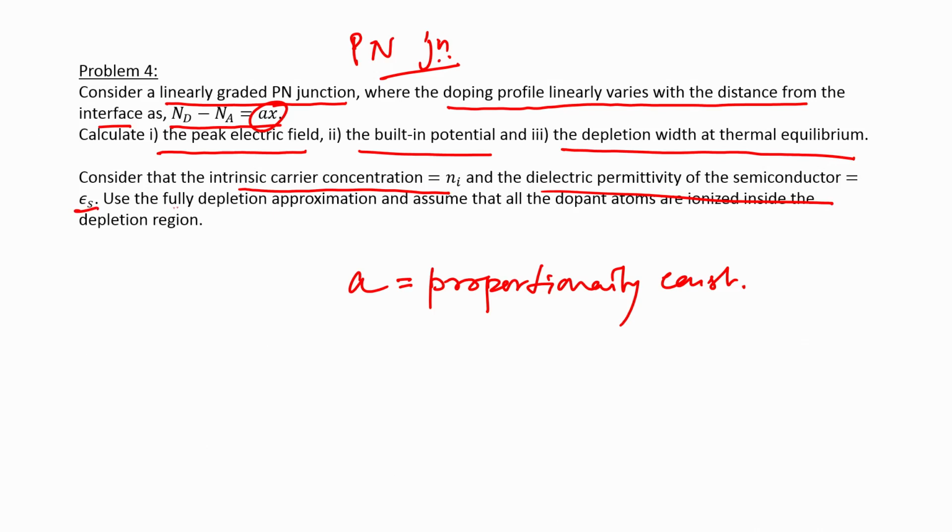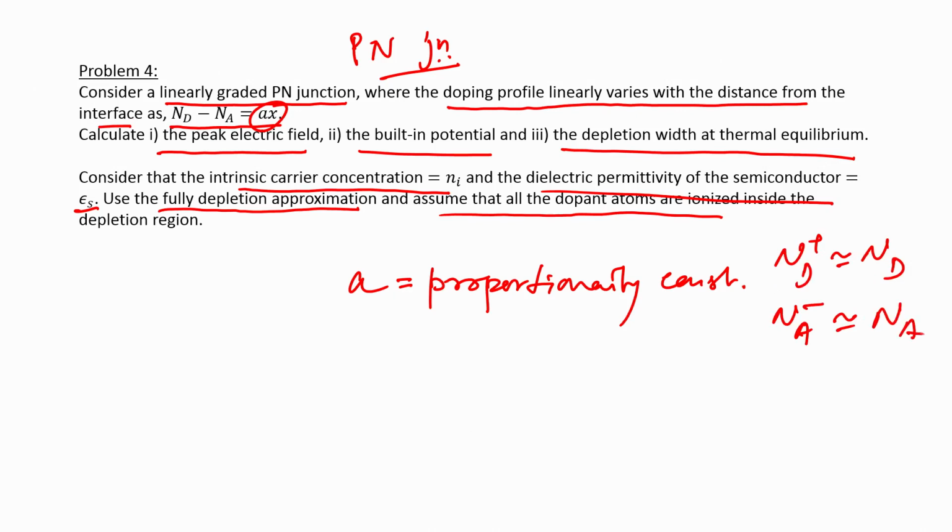First is the full depletion approximation, and the second is that all the dopant atoms inside the depletion region are completely ionized. So you can consider that Nd plus is nearly equal to Nd and Na minus is nearly equal to Na.